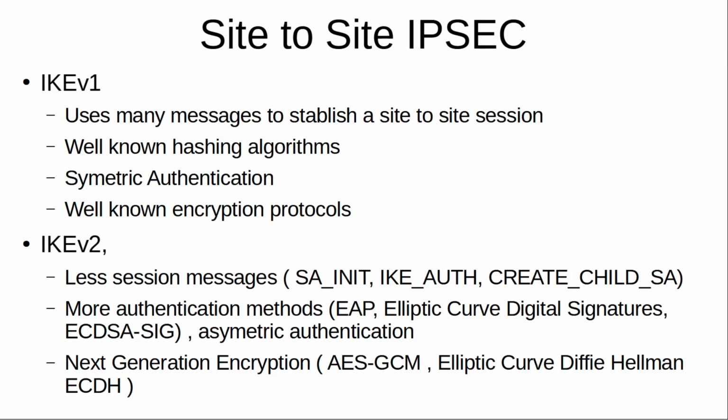IKE version 1 uses many messages to establish an IPsec session. It uses well-known hashing and encryption algorithms and protocols, and uses symmetric authentication, whereas IKE version 2 uses a lot fewer session messages and has more authentication methods. It supports asymmetric authentication, and supports next generation encryption.